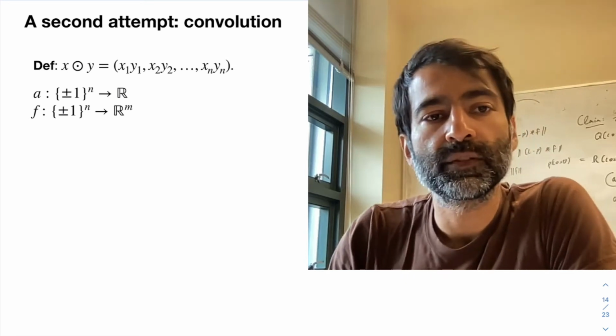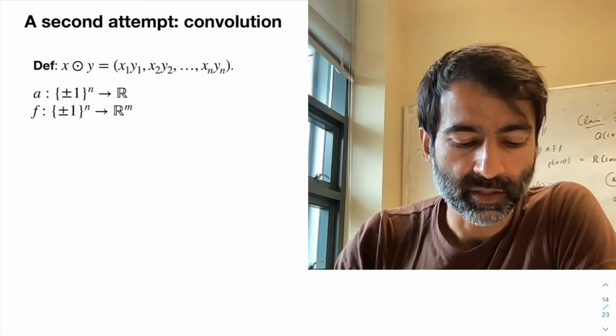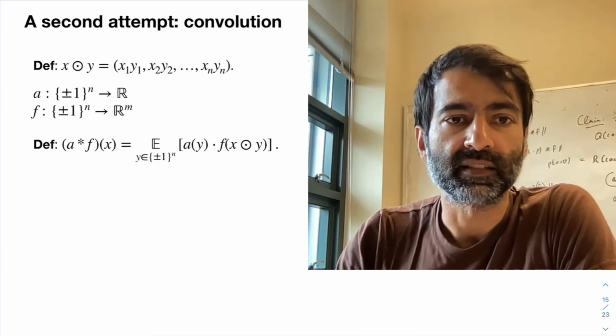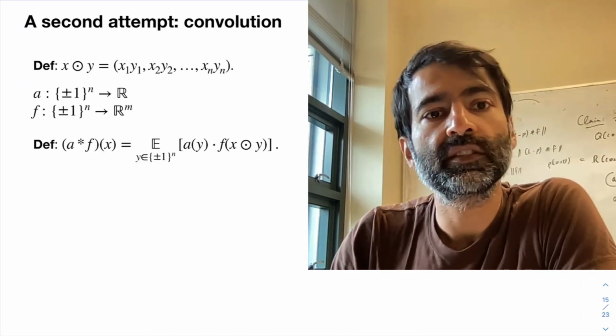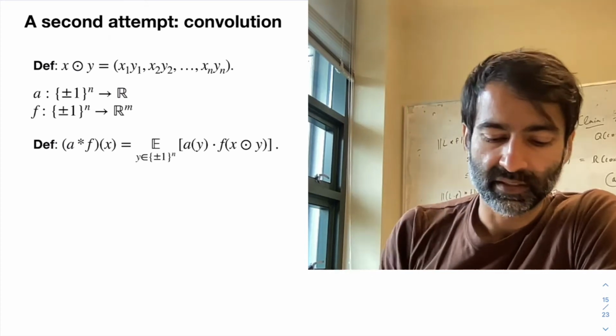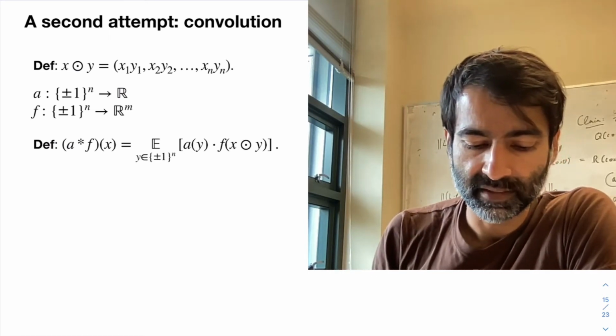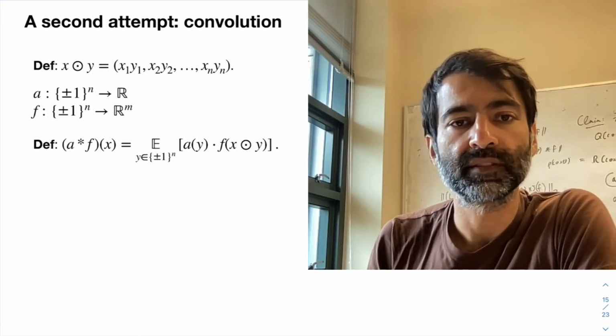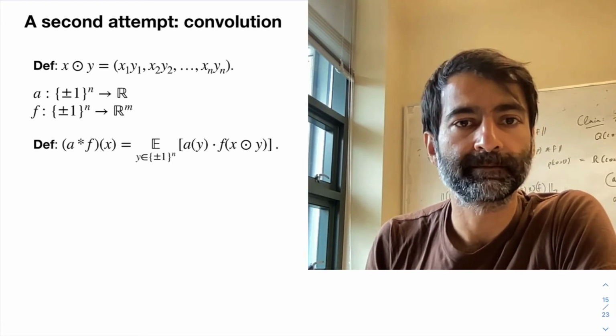Now if you have a function a mapping the cube to the real numbers and another function f mapping the cube to vectors, then the convolution of a and f is the expected value over y of a of y times f of the coordinate-wise product of x and y.